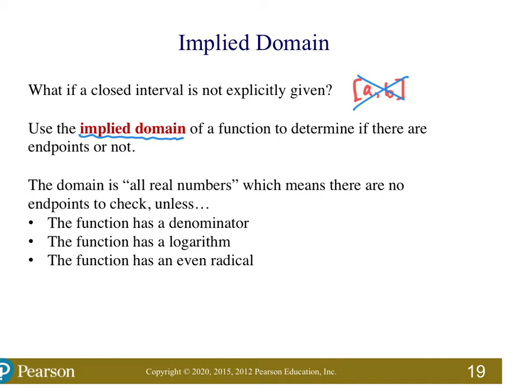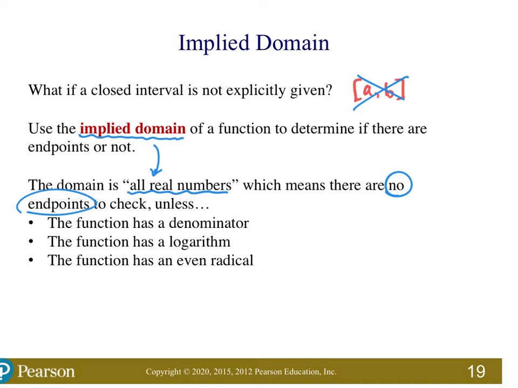So if we do have all real numbers, it means there are no endpoints for us to check. Okay, so yay, we don't have to worry about that. We can check that off the list, and there's no endpoints to check if the domain is all real numbers. But if it's not, how do you know if it's not all real numbers?